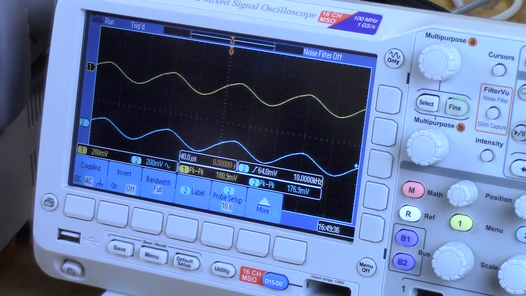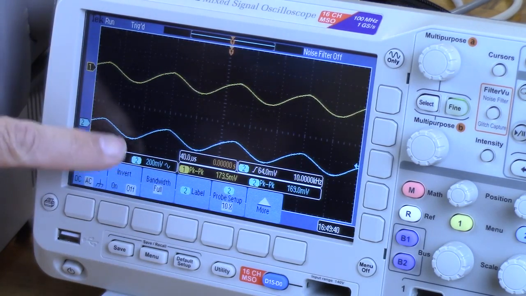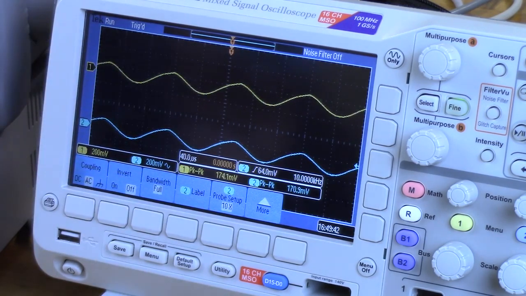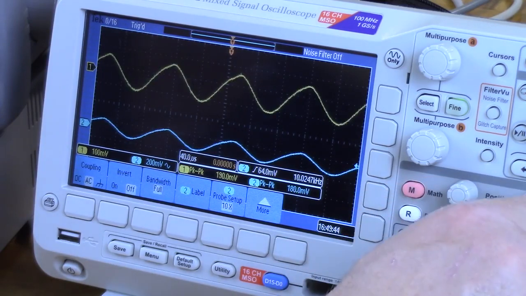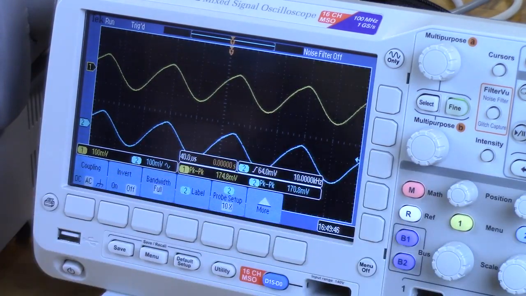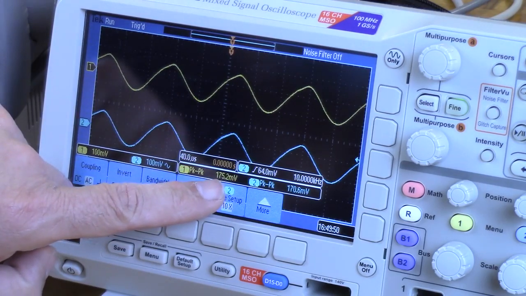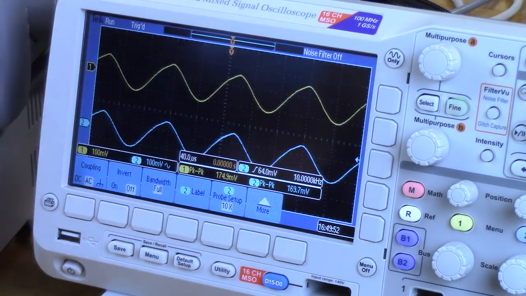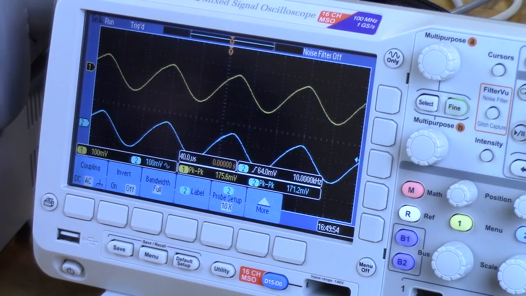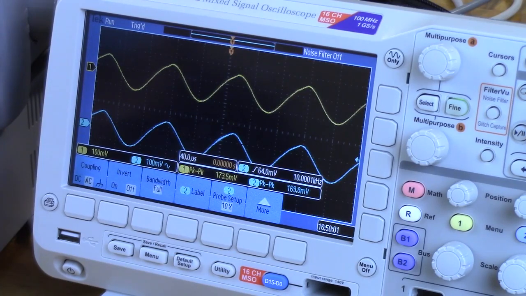Okay, so what we're looking for now is the frequency where this one is 0.707 times that one. The yellow wave coming in is at 174 millivolts. So 174 times 0.707 is, calculator, oops.